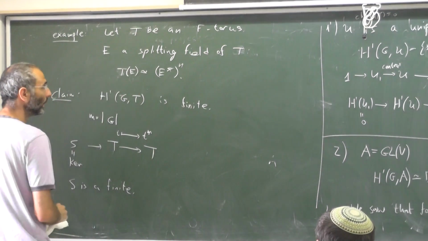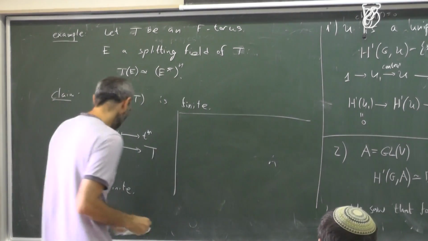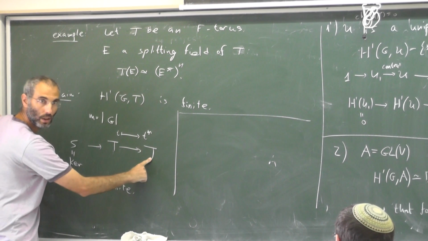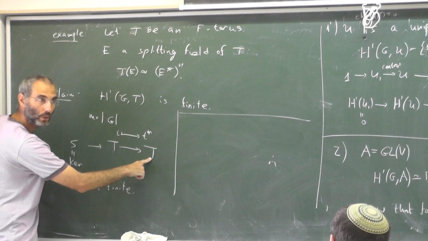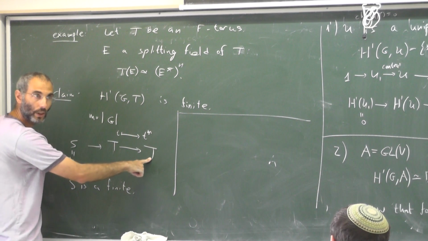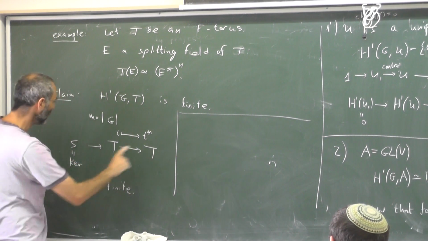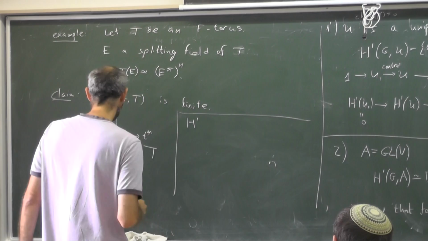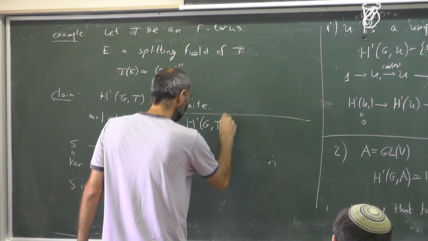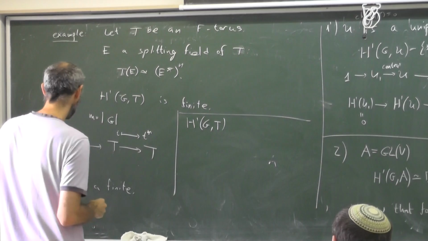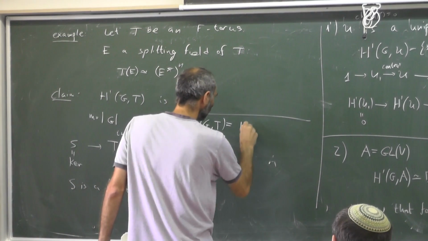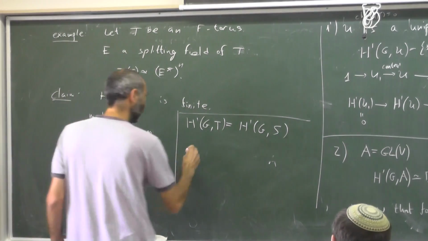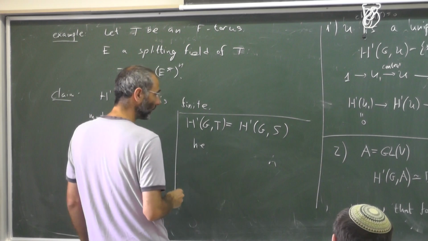And well, here in this box, going to H1, this map becomes 0, right? Because I took the right power. This is why I bothered with that exercise. So H1 of G is actually in H1 just taking values in that S, hence finite. And now everything here is finite.